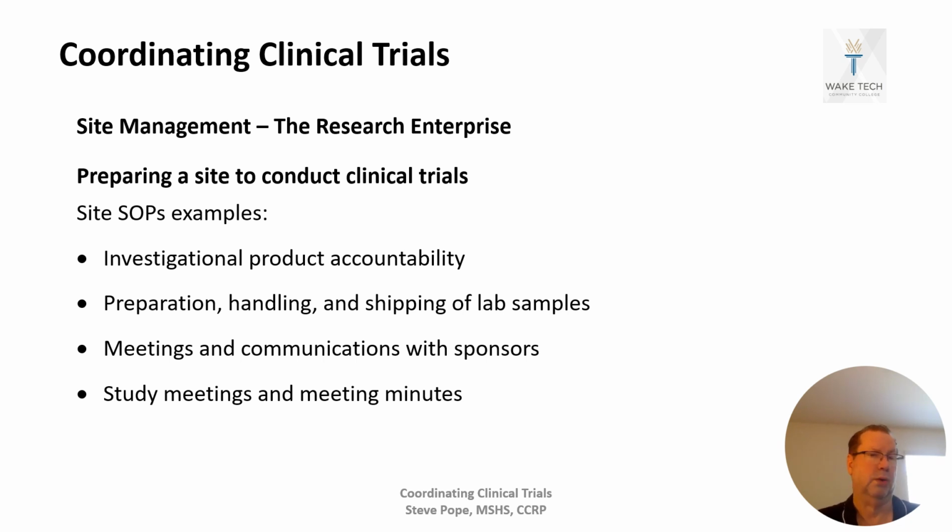Is that done by a coordinator? Is it done by a pharmacy person if you're at an institutional site? Do you record that on paper using a paper log? Do you use an electronic accountability product such as Vestigo or Velos? Is that used at your pharmacy? And then someone in the pharmacy does that. So explaining how that's done is part of your SOP.